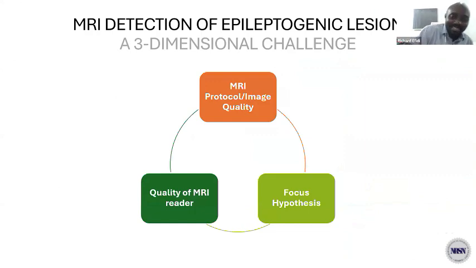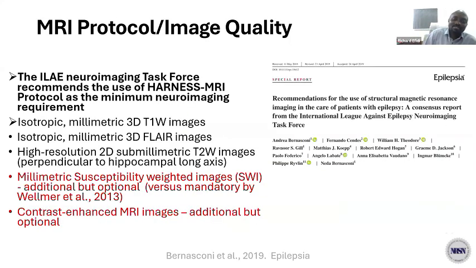Now, MRI detection of an epileptogenic lesion is actually a three-dimensional challenge that is determined by three factors: the quality of the MRI image, what we call the focus hypothesis, and the quality of the MRI reader himself or herself. In terms of the quality of the MRI image, the International League Against Epilepsy Neuroimaging Task Force has recommended a minimum standard MRI protocol, called the HARNESS MRI protocol, as the minimum requirement to investigate epilepsy using MRI.